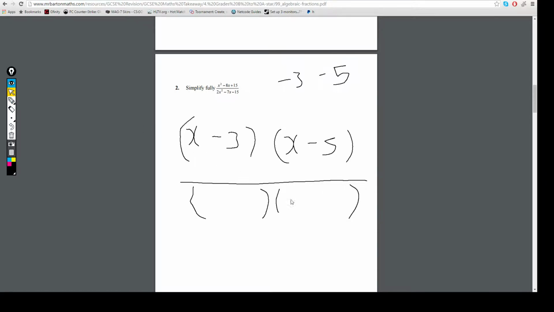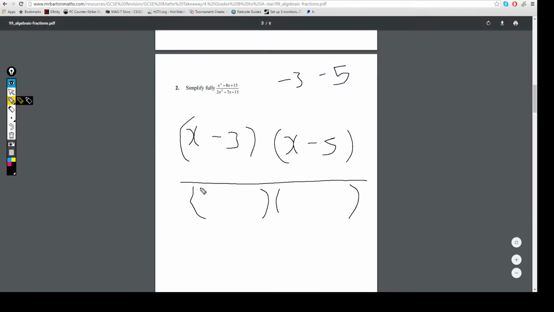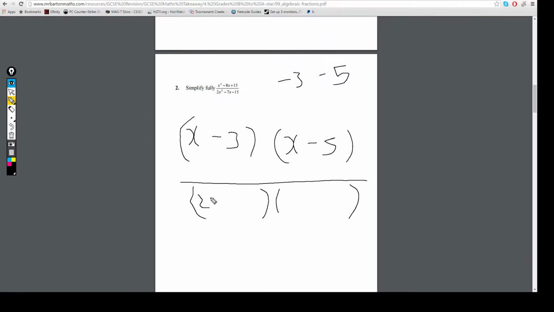And on the bottom, we are going to have our 2x, because we've got the 2x, and then we're going to have another x.